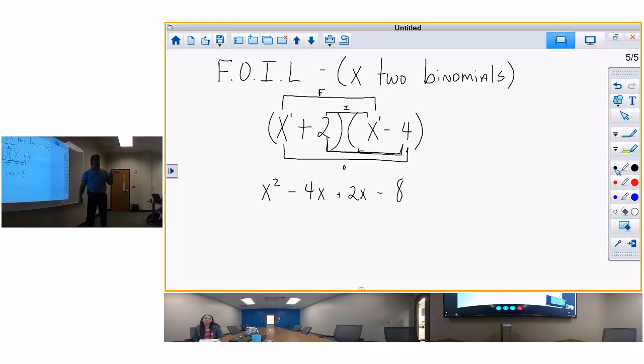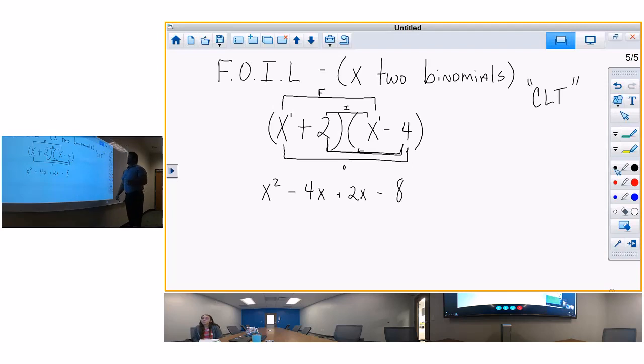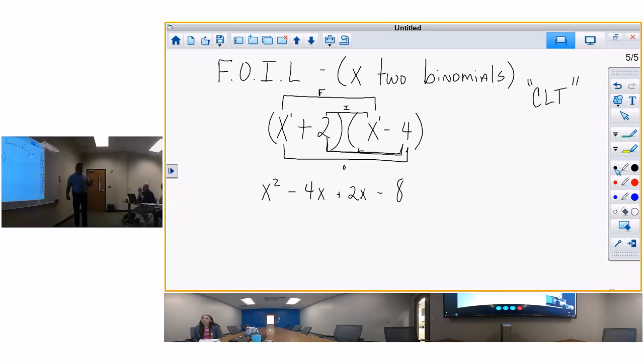Now, when you use the distributive law or the FOIL method, what's the next step usually? From now on, we're going to call it CLT. And what usually follows the distributive law or the FOIL method? Combining like terms.